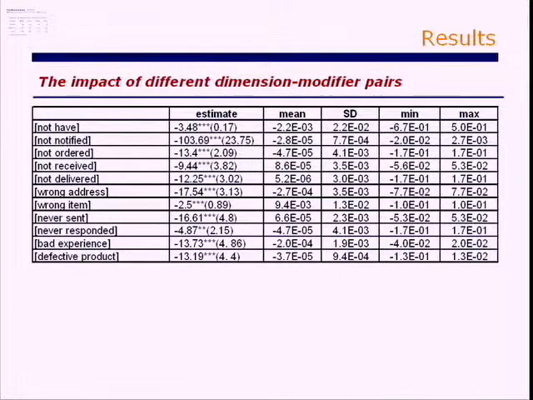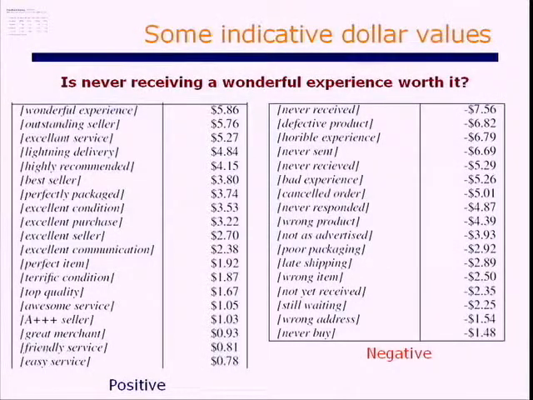And so in order to actually make meaningful comparisons, we went through this exercise of saying, well, how do we transform this, account for the fact that these variables have different ranges, and associate a dollar value with having a particular phrase, dimension modifier pair, in the feedback that your buyers are posting for you.